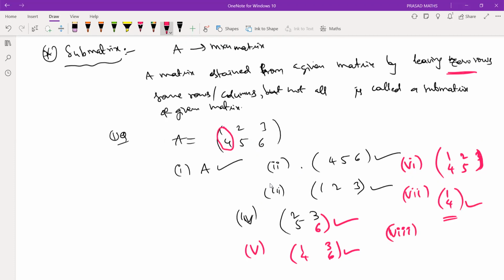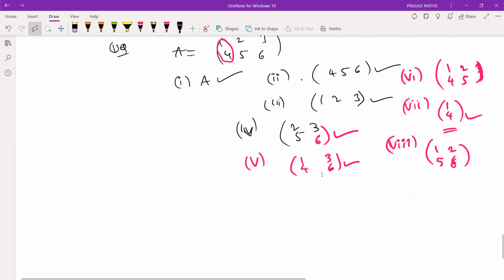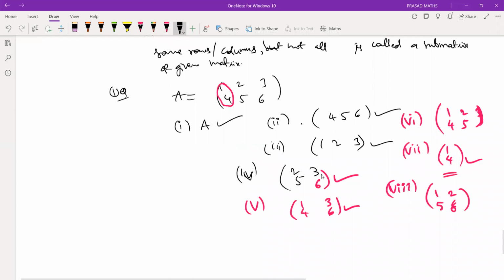But the thing is, suppose you take 1, 5, 2, 6. Is it a submatrix? No. Because the definition is not satisfied. If you look, the 5 column is not deleted.